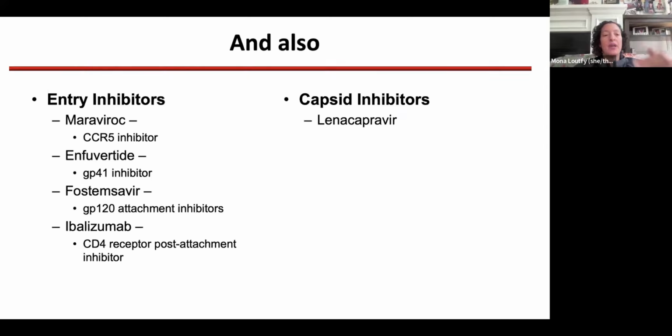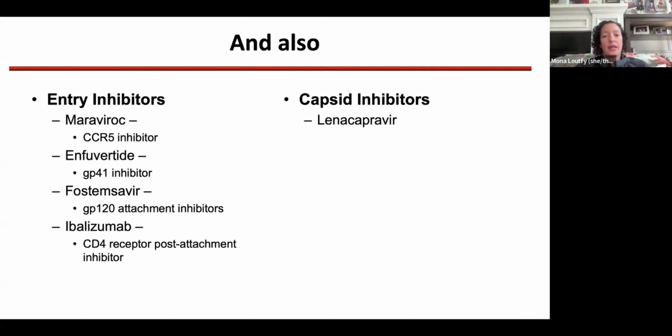And then even more drugs came out in entry inhibitors. I put those on the first slide, but some other ones came out like fostemsavir, ibalizumab. And then the latest drug to become available is a capsid inhibitor called Lenacapavir, which is given by injection every 6 months.